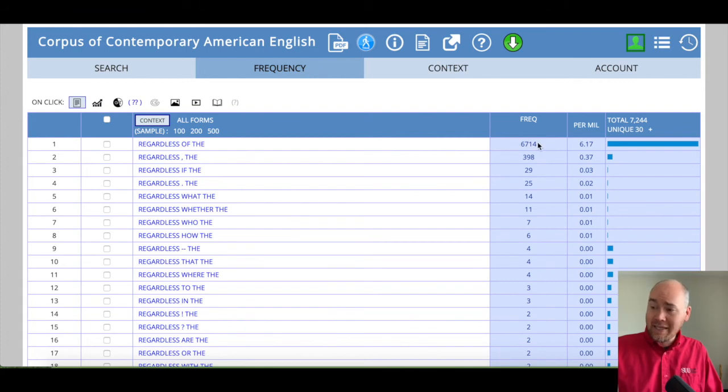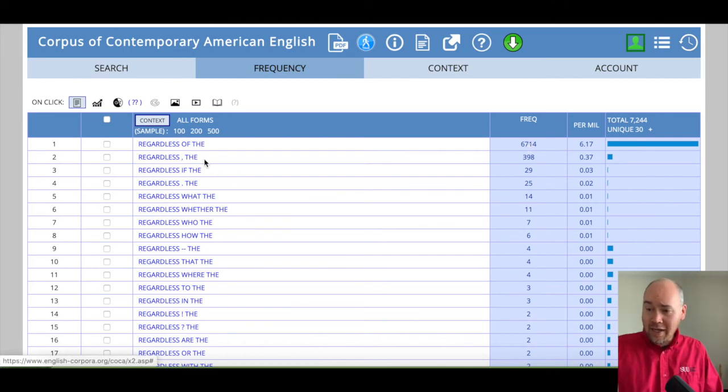The frequency is how many times this sequence of words was found in the whole collection of words. And COCA has more than 1 billion words in it, right? So these 3 were found together almost 7,000 times. It doesn't sound like a lot out of 1 billion, but that is a lot.